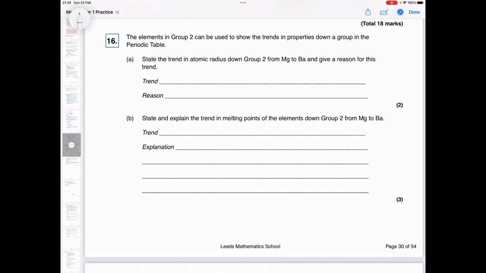Okay, looking at question 16. The element in group 2 can be used to show trends in properties down a group in the periodic table. State the trend in atomic radius down group 2 from magnesium to barium and give a reason for this trend. Okay, so the trend as you go down group 2 is for the atomic radius to increase.